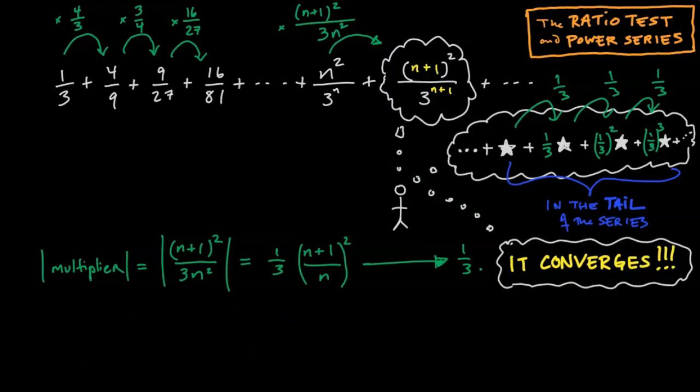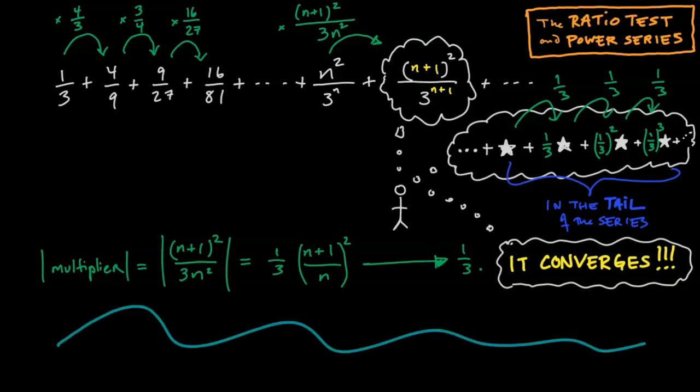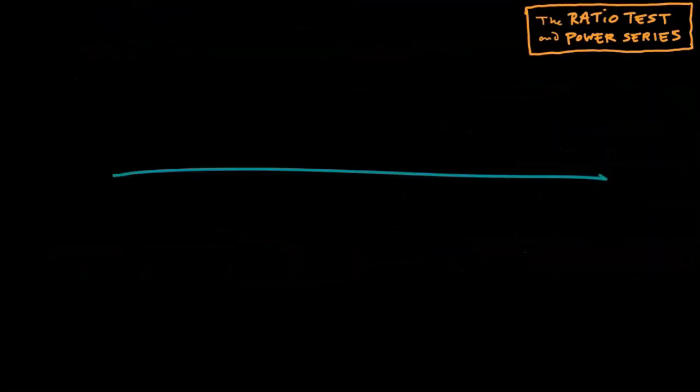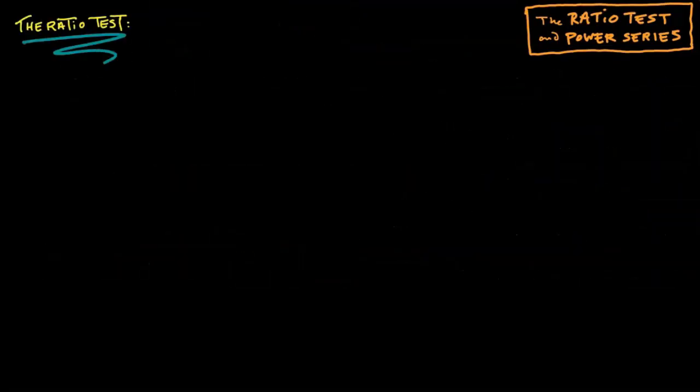And if you understood it, you are already most of the way towards understanding the ratio test, because all the ratio test does is basically formalize the argument that we gave right there. So let's go ahead and state the ratio test formally. The ratio test works as follows.